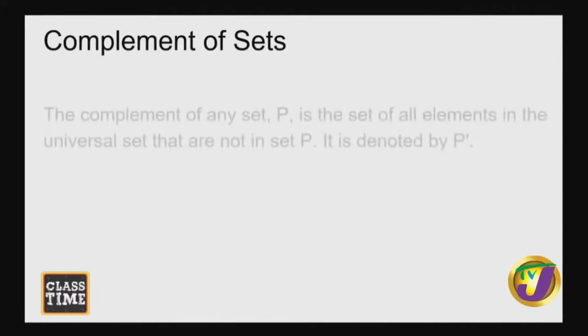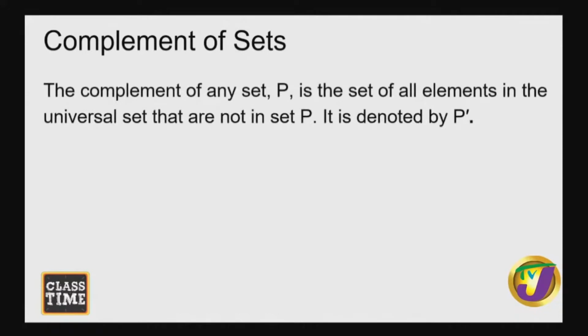So now we're taking it a little bit further to look at the complement. The complement of any set P is the set of all elements in the universal set that are not in set P. It is denoted by a capital P with a superscript apostrophe to the right.